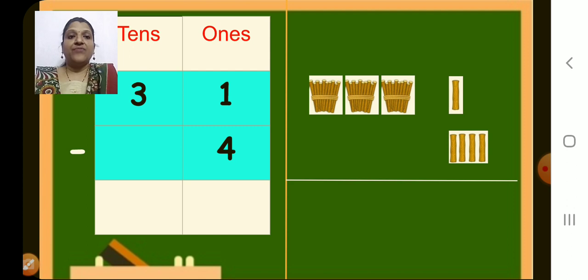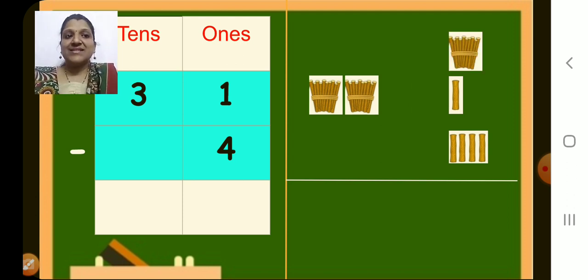Now, if we have to subtract the numbers from the ones place, can we subtract 4 sticks from 1 stick? No. Then what should we do? We have 3 tens as well. So, we will borrow 1 ten from the tens place to the ones place.